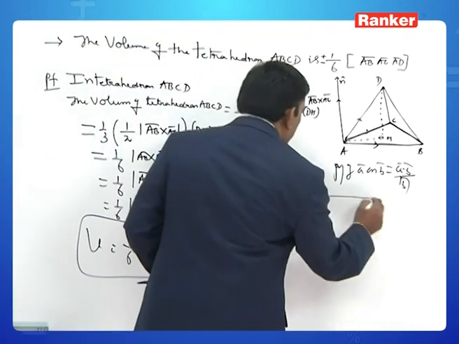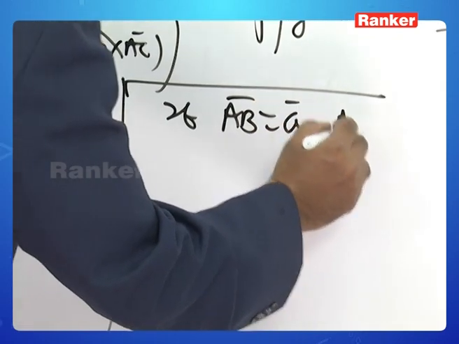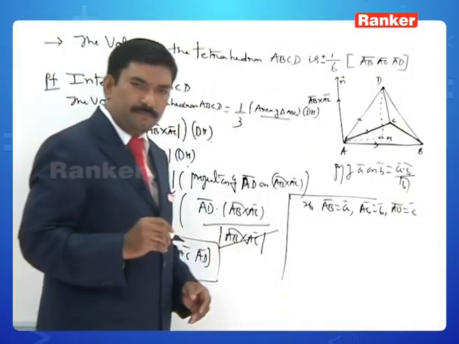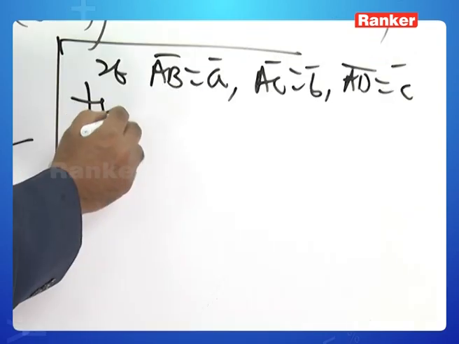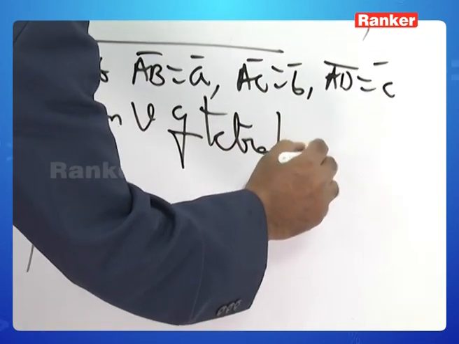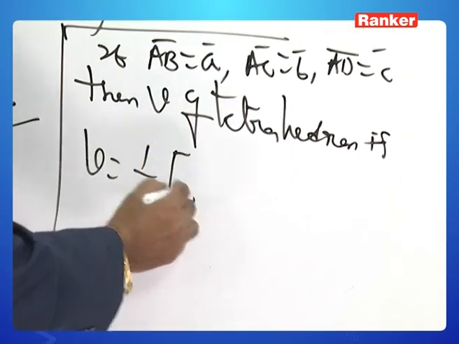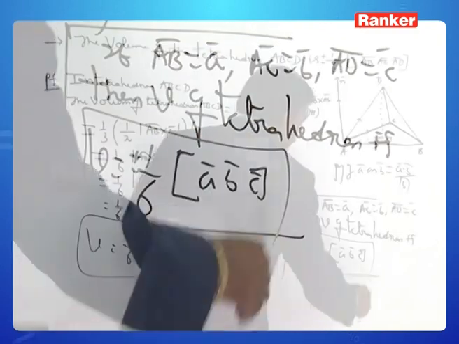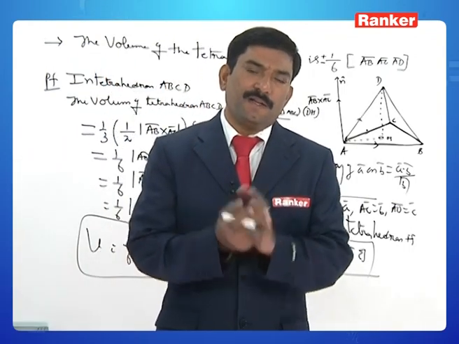If AB bar is equal to A bar, AC bar is equal to B bar, AD bar is equal to C bar, then the volume of the tetrahedron is V is equal to 1 by 6 into plus or minus box of A bar, B bar, C bar. Plus indicates they are in right-handed system. Minus indicates they are in left-handed system.